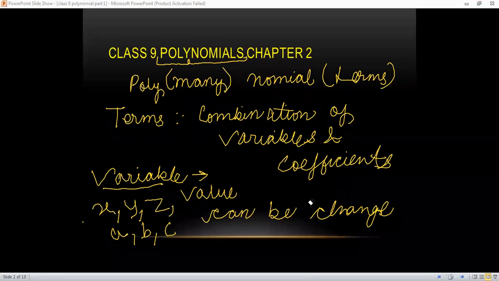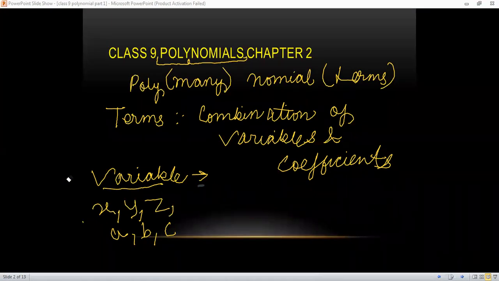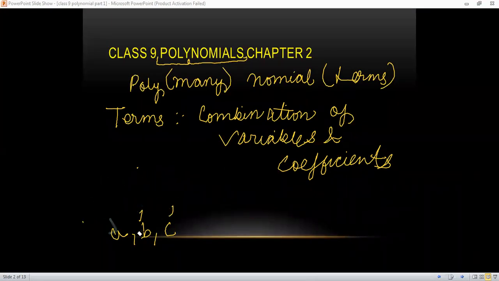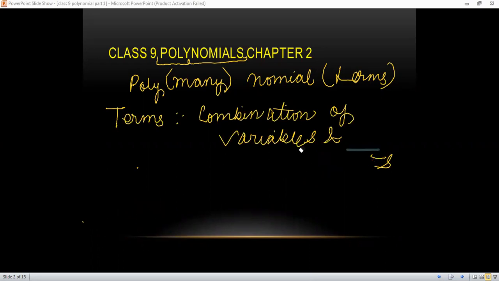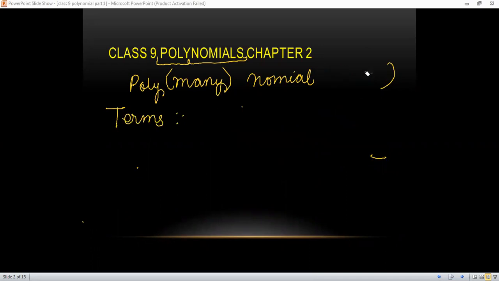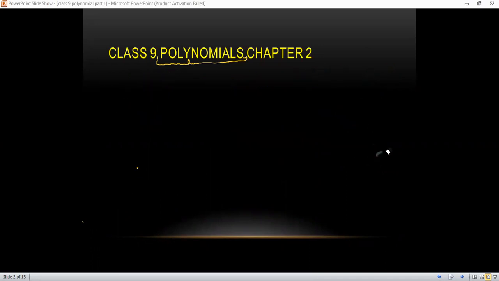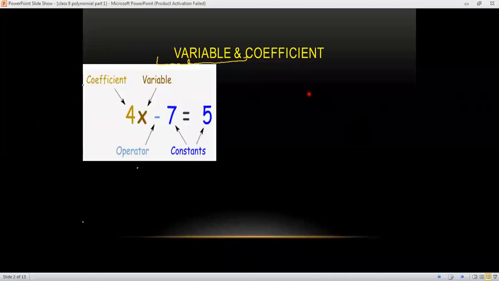Now let's see what is coefficient. Coefficient is a number with variable. Now here you see X is a variable and with X there is a number 4.